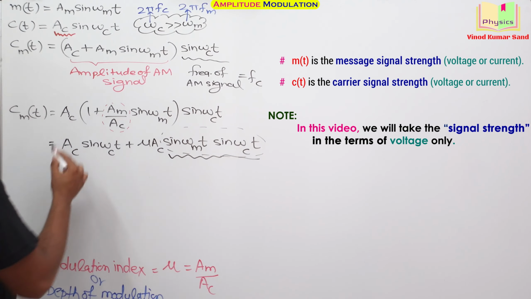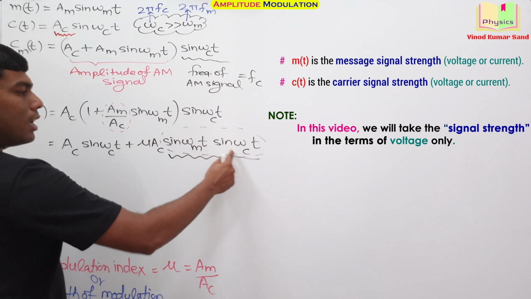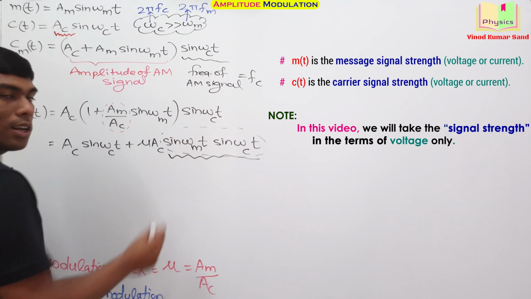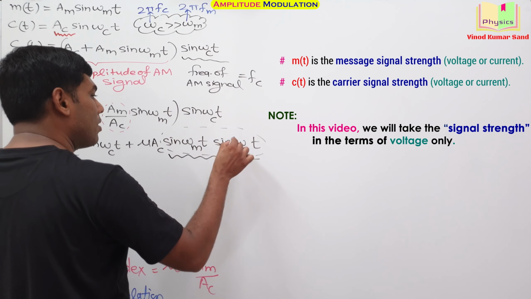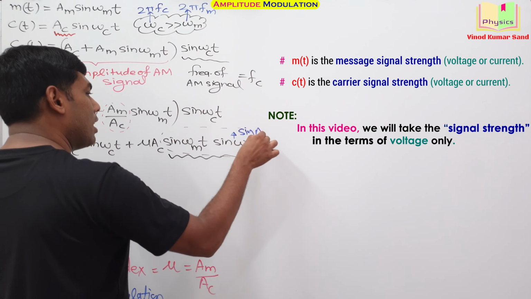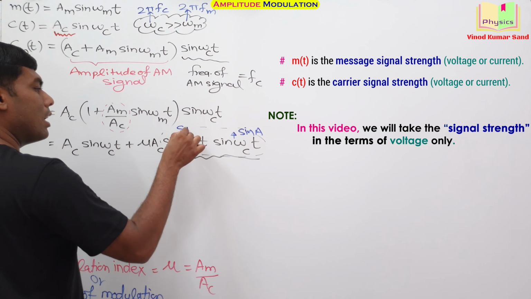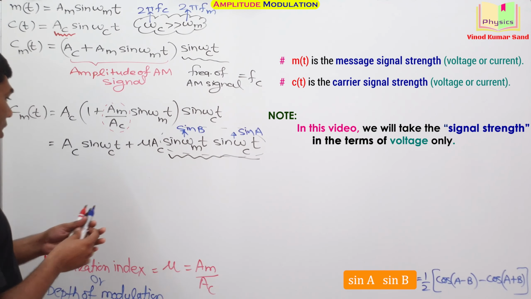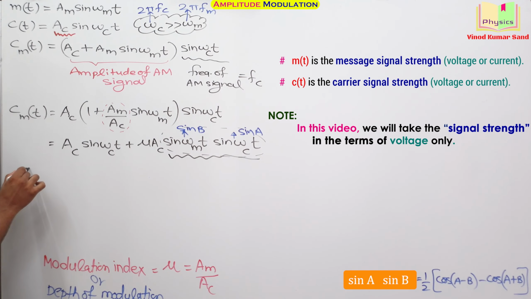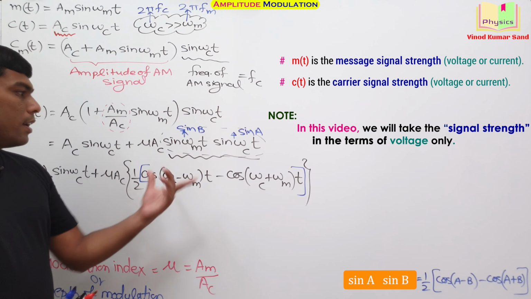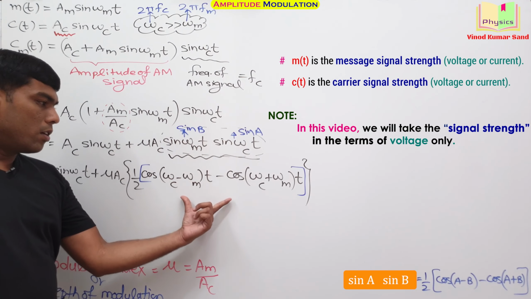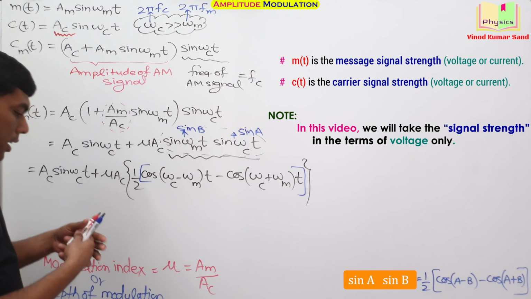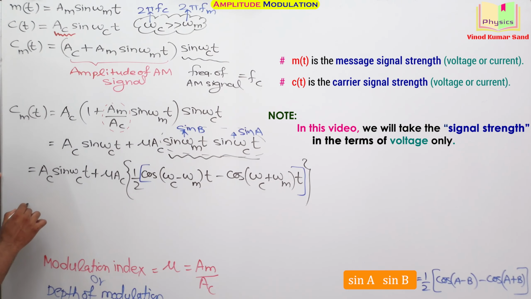Okay. Now sin A sin B kind of format you can see here. This I am treating as sin A and this I am treating as sin B. Utilizing this formula we can put up the data again here. Do you agree? This has been rewritten in this format and I am simplifying it further. Ac sin(ωc t).